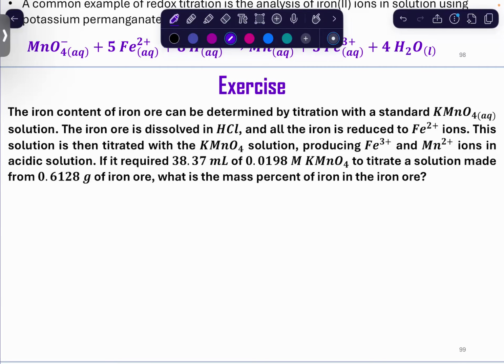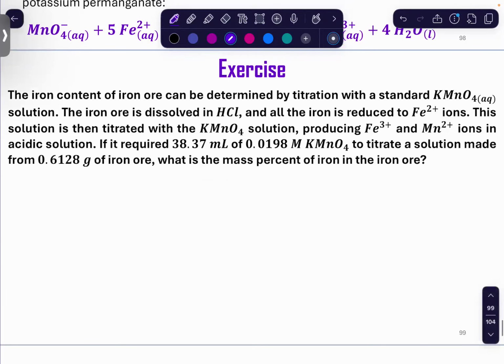So we want the mass percent of iron in the ore. Let's look at the things we were told, things we know. It's an acidic solution, so we know what our balance is going to have to be.